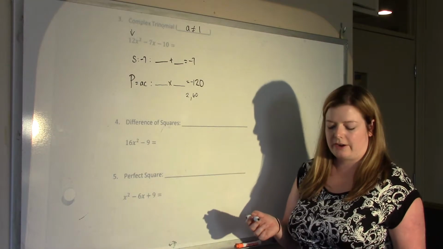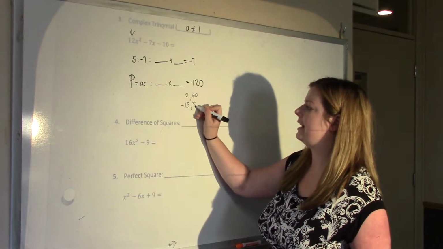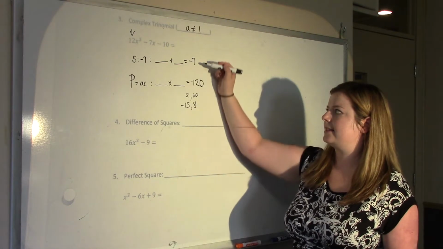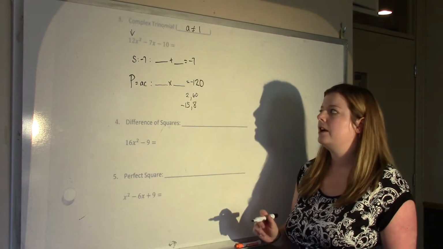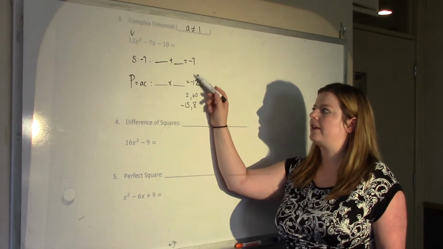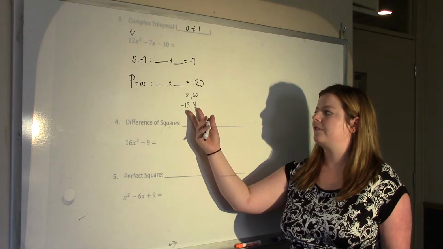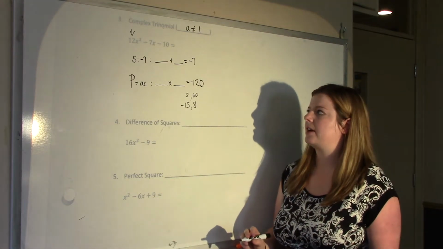Just do some trial and error until you finally get to -15 and 8. Okay, -15 plus 8 is -7, and -15 times 8 is -120. So again, just keep trying to figure out things that multiply to -120 in order to find two factors that add to -7. Okay, that's how you do that.